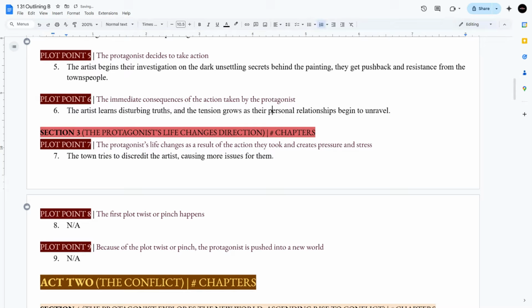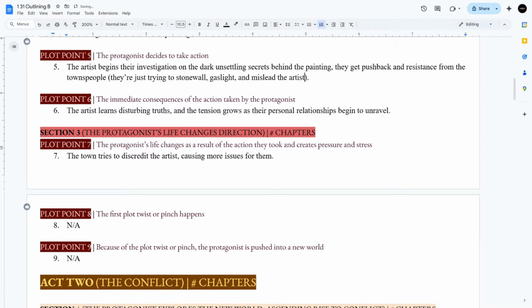I really have trouble spelling sometimes. All right. So I want to go back up here in resistance. They're just trying to stonewall, gaslight, and mislead the artist.